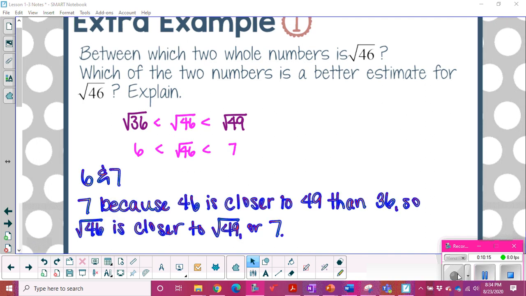So the two numbers which it is between are 6 and 7. And of those two numbers, 7 is a better estimate for the square root of 46 because 46 is closer to 49 than 36. So the square root of 46 is closer to the square root of 49, or 7.